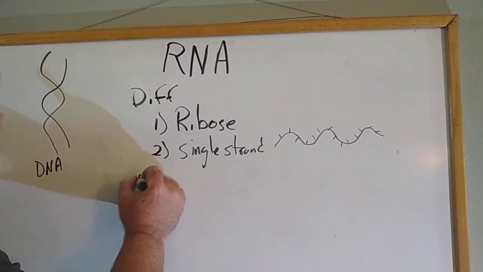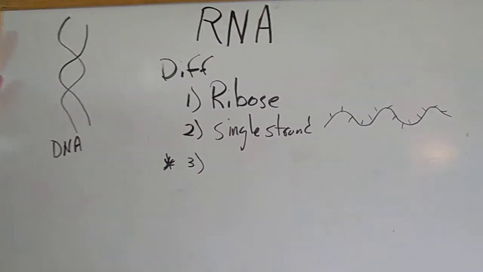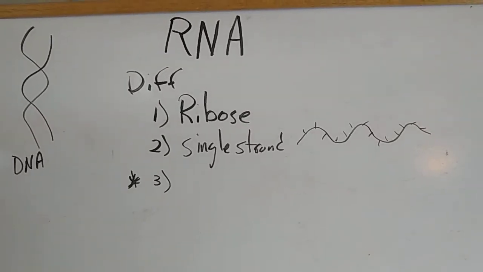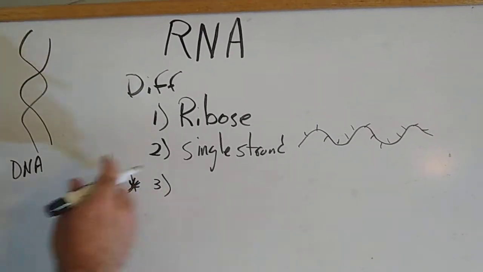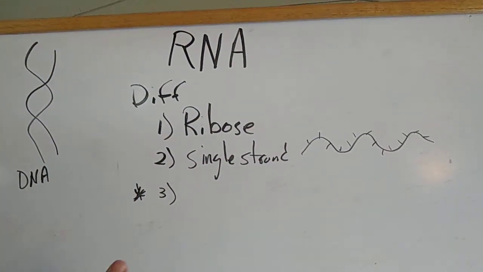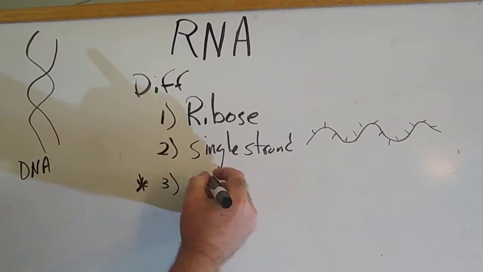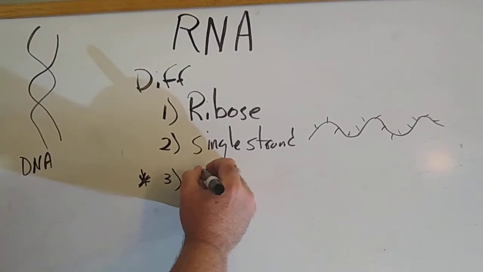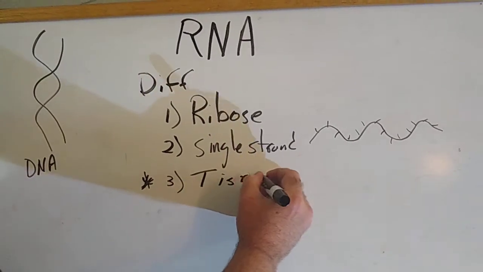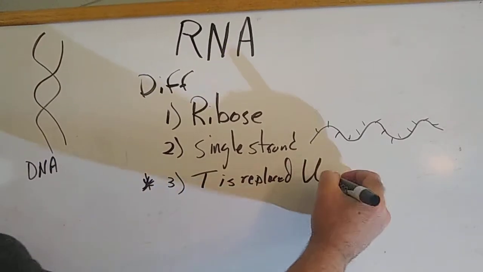And number three, and again, when you transcribe these into your notes, you can go back and put a big star next to this one. We have an introduction to a fifth nitrogen base. Because again, even with a change in the sugar, a change in the structure, there is one other change that allows us to get out of the nucleus, and that is in RNA, thymine, T, is replaced by the nitrogen base U, uracil.